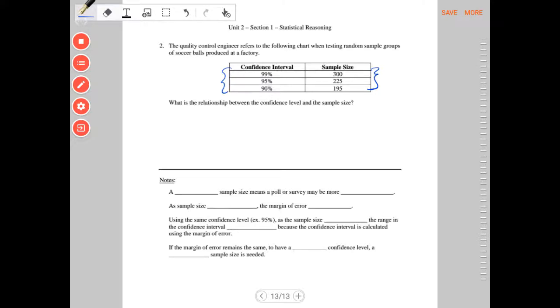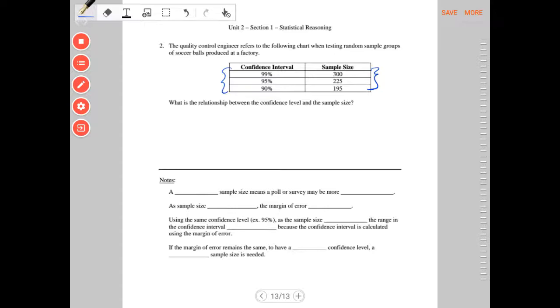So notice that the levels go from 90 to 99. As the levels increase, what happens to our sample size? Well, 90 has 195 soccer balls that it's surveying. 95% has 225 soccer balls that need to be sampled to be that confident. And to be 99% confident, we need a sample size of 300.